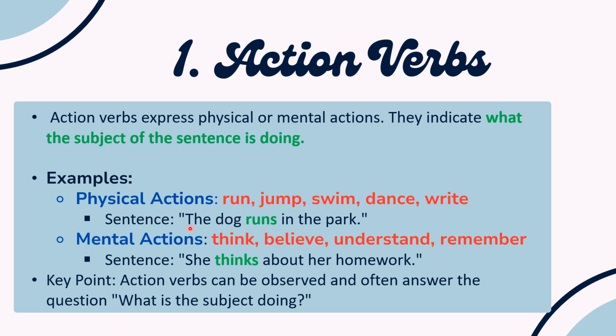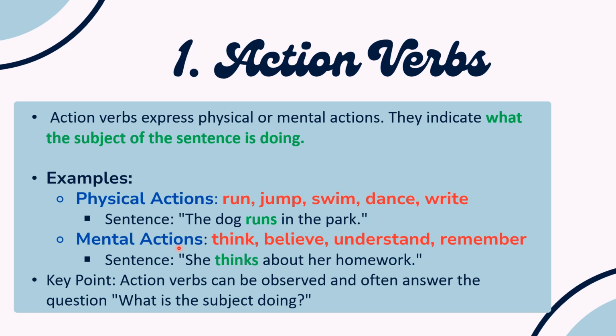Like in the sentence, you could see, the dog runs in the park. So runs denotes that the dog is running. It is telling you the action done by a subject. So runs here is the physical action and also the action verb. Now coming to the mental action. Mental action means the things which are happening in your mind, like think, believe, understand, remember.